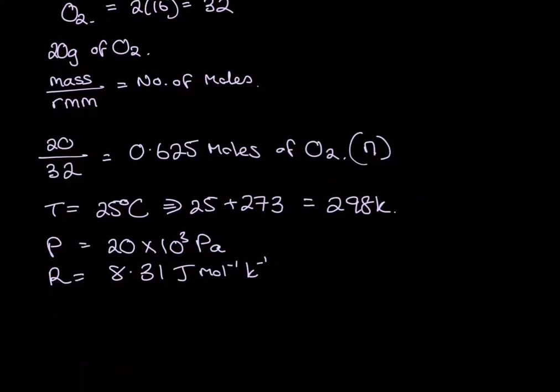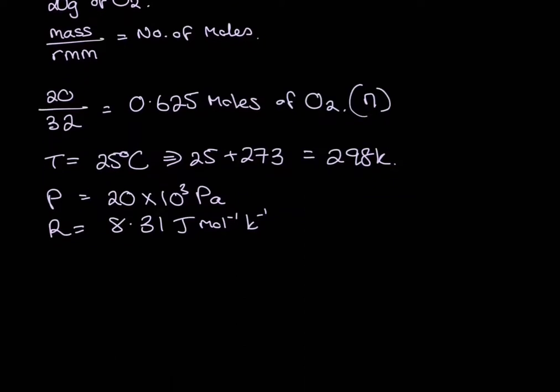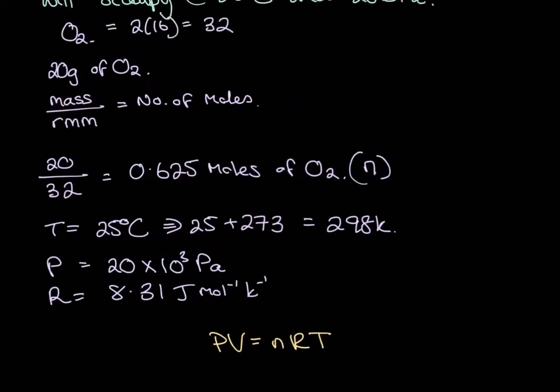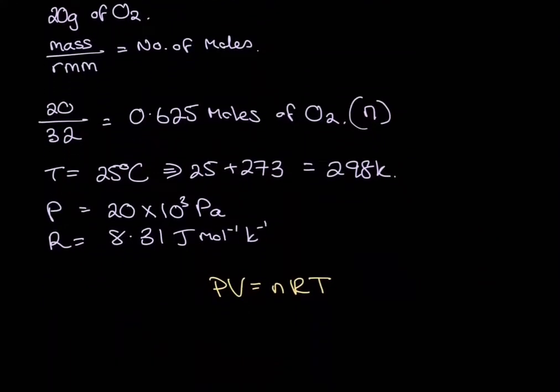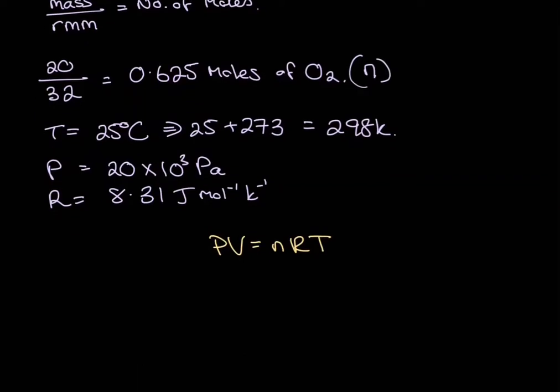Okay, so let's look at our equation. Do I have everything first of all? Do I have the pressure? Yes. Do I have the volume? No, that's what is being asked of me in the question. Calculate the volume. Do I have the number of moles? Yes. The gas constant? Yes. The temperature? Yes. So we're just going to fill it all in.